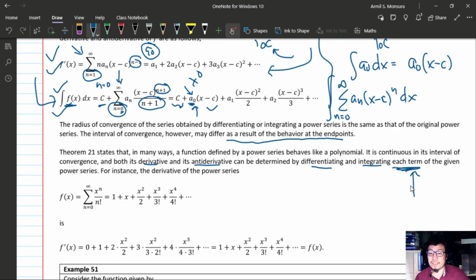That's where the challenge is. But basically, differentiation and integration of a power series is nothing different than differentiating and integrating a polynomial, because a power series is a polynomial. And if you can wrap your head around it, a polynomial is actually a power series.